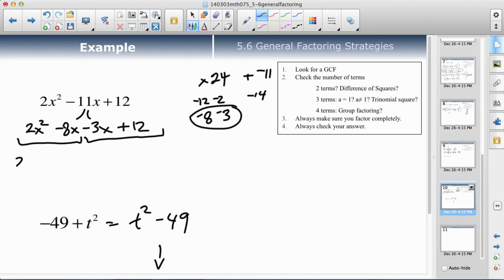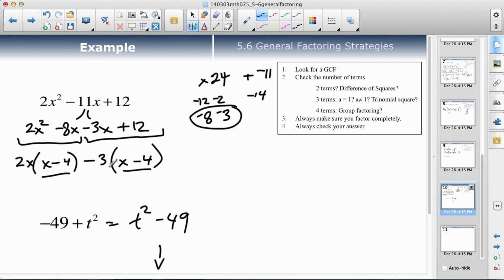I can factor a 2x out of that, leaving me with an x minus 4. This one, there's a negative out front, so I have to factor out a negative, and it looks like 3 is the greatest common factor. So this divided by negative 3 would just be an x. 12 divided by negative 3 would be a negative 4. Again, this and this are the same, so I can proceed.